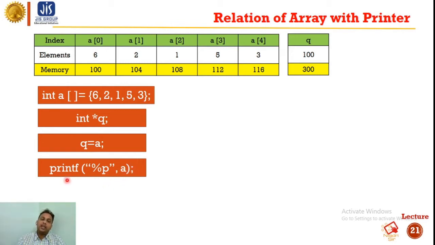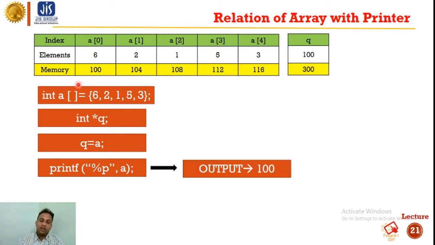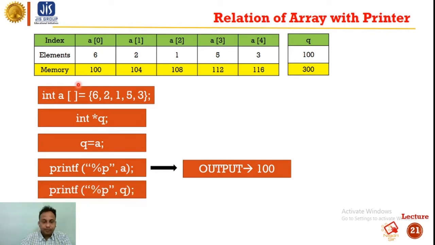A's address, which is basically 100. So the output will be 100. If we print q, what will it print? It will also print 100, as the value of q is 100. So a will print 100, and q will also print 100.